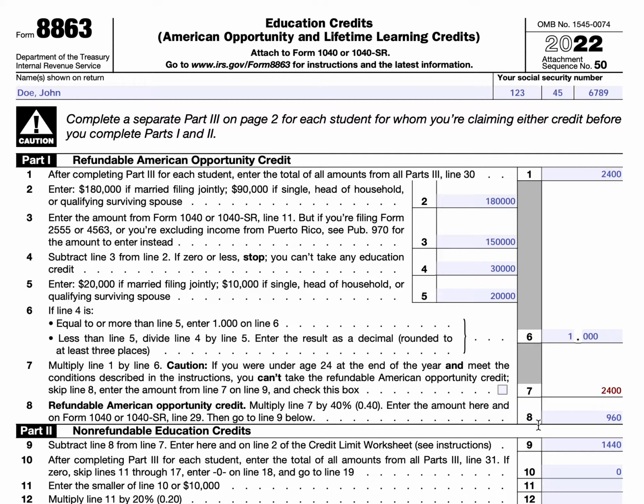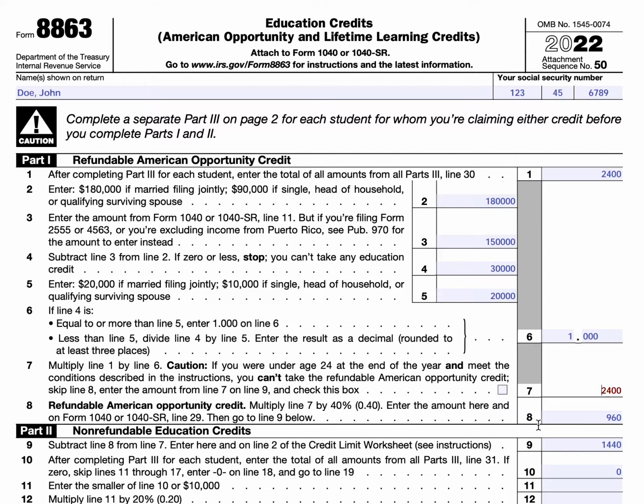So under those three, a college student would not be able to take their own credit if their parents are still doing this. Also, if at least one of your parents is alive and you're not filing a joint tax return.